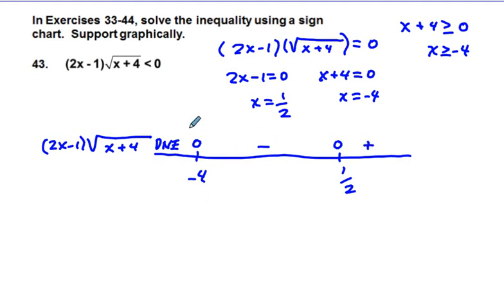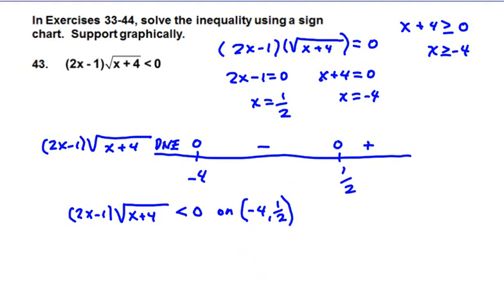So our only interval is between negative 4 and 1/2. So I'm just going to make a concluding statement here. Quantity 2x minus 1 times the square root of quantity x plus 4 is less than 0 on the interval of greater than negative 4 to less than 1/2.